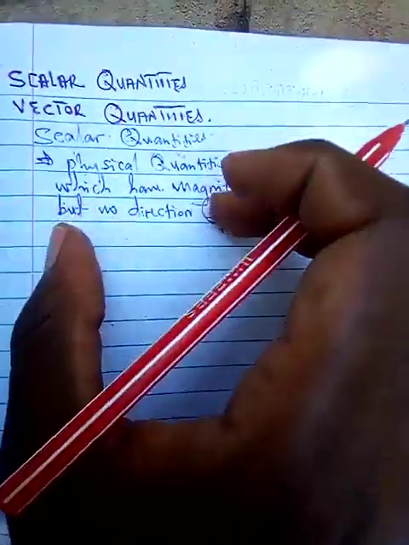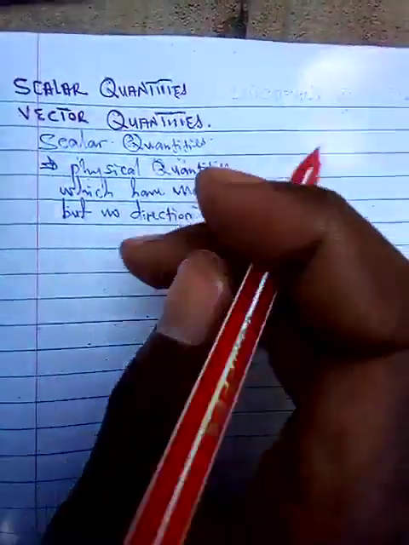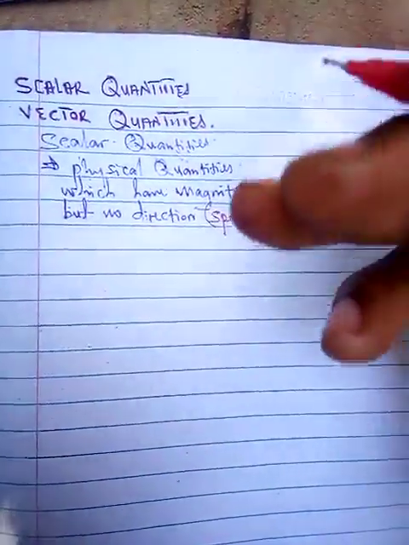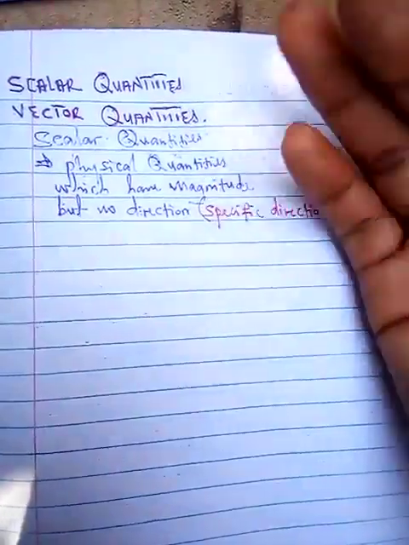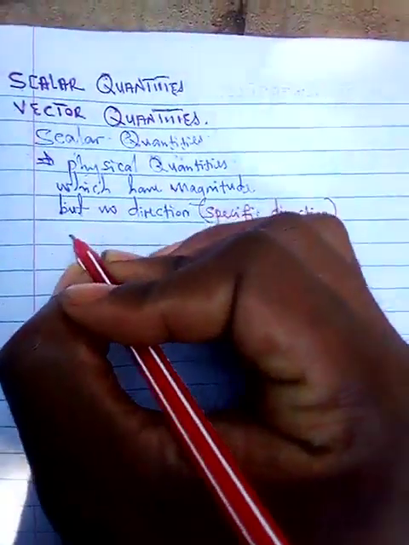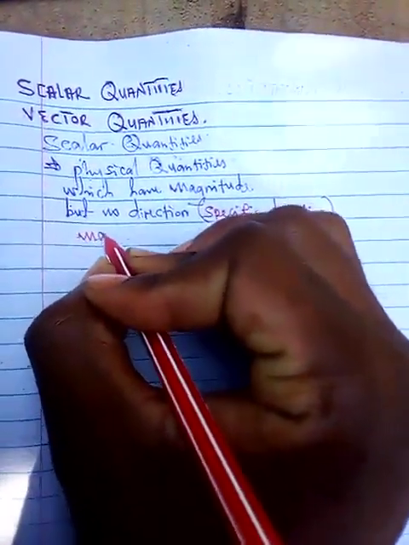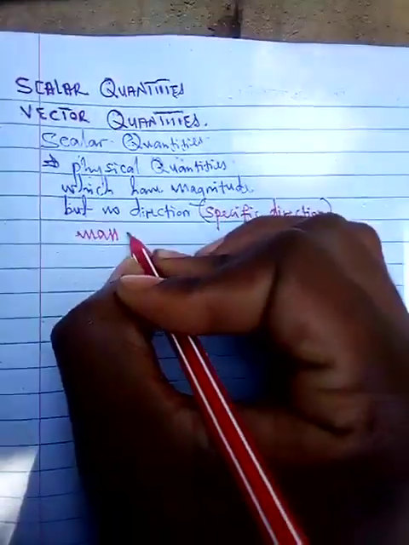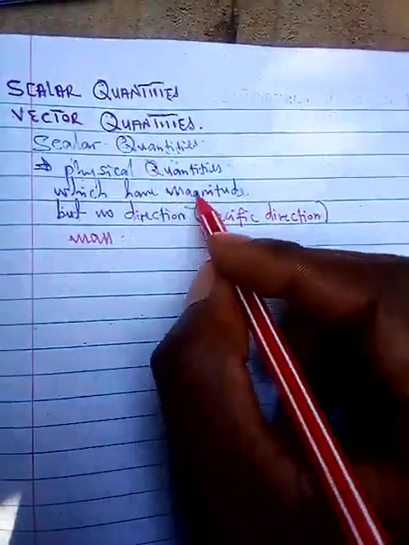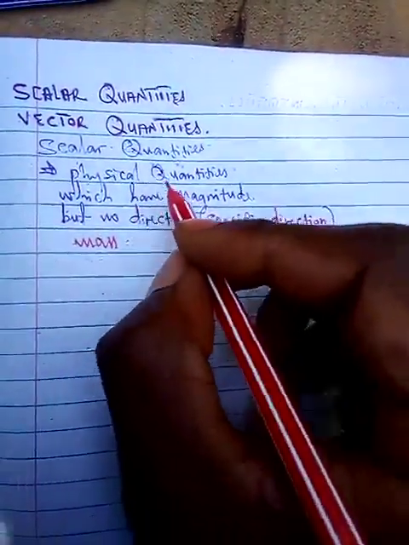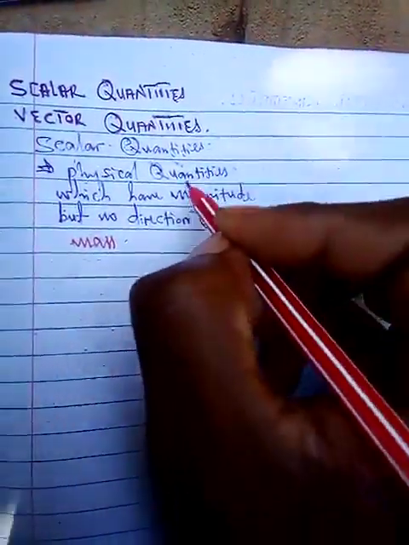Examples that we can give for scalar quantities, physical quantities which have magnitude but no direction: we can talk about mass. Mass is an example of a scalar quantity. And please take note, these are not physical quantities which do not have magnitude and direction.